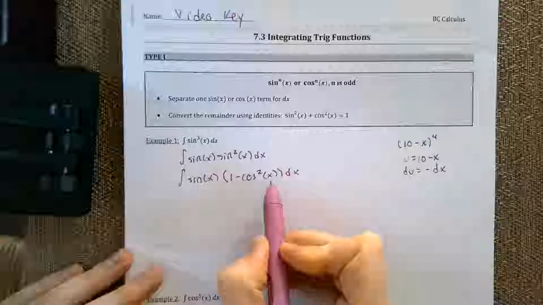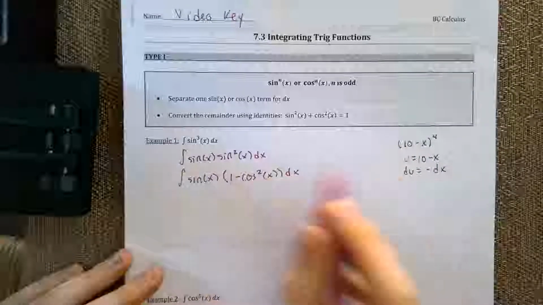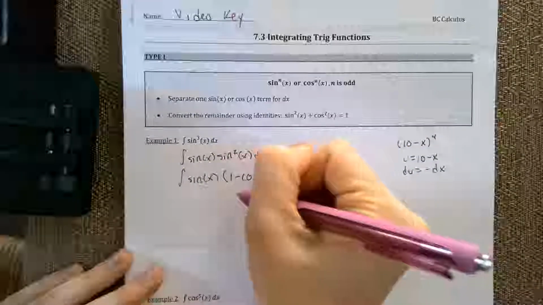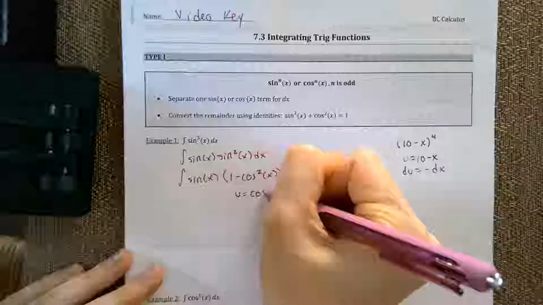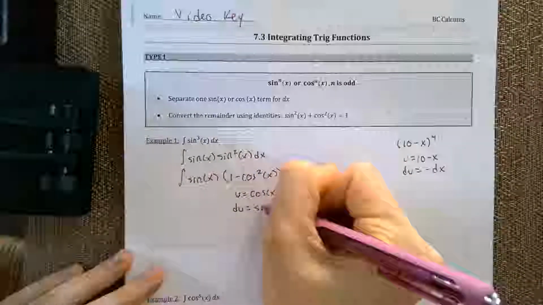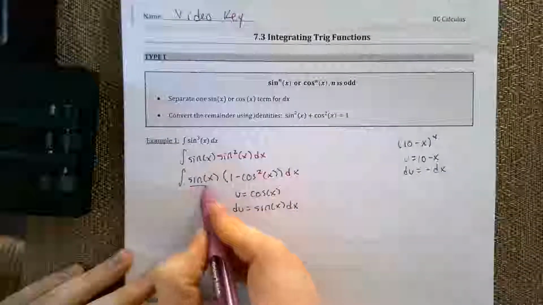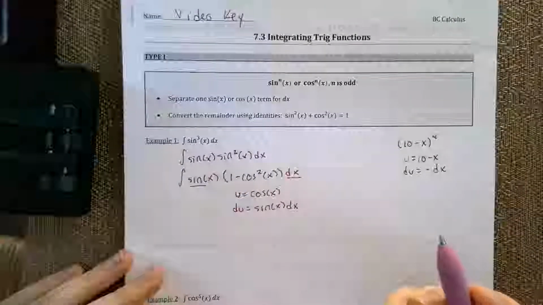And this is helpful because if I do a U sub, kind of like we did over here, but a little bit simpler, if I let u be equal to cosine of x, then du will be equal to negative sine of x dx, which is kind of that extra trig function we have lying outside.